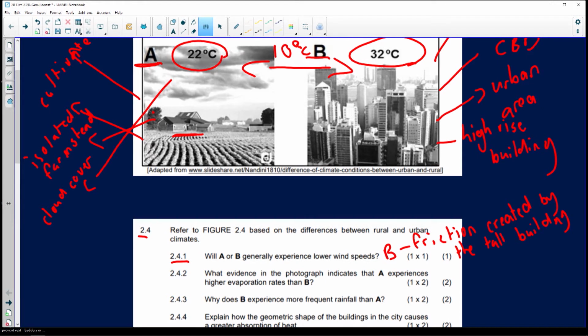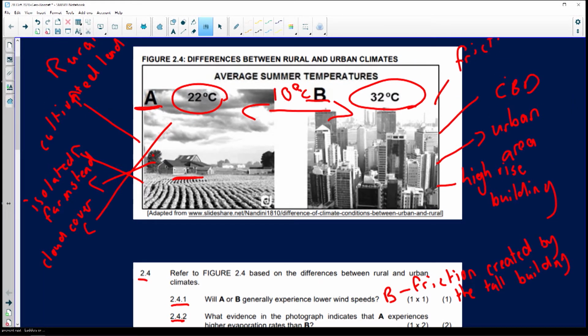Okay, if you have a look at question 2.4.2: what evidence in the photograph indicates that A experienced higher evaporation rates than B? I've mentioned this, we had to pay attention. Look at the cloud cover. For the formation of clouds, what do we need to happen? We need to experience evaporation.